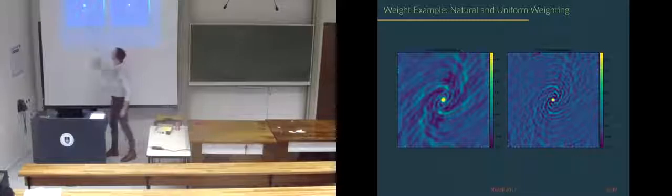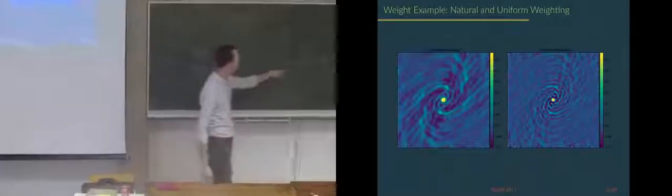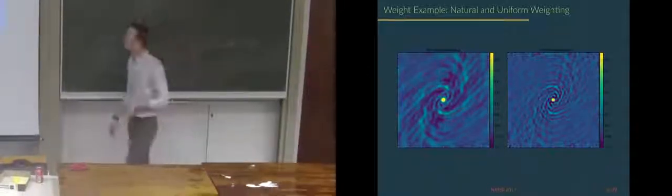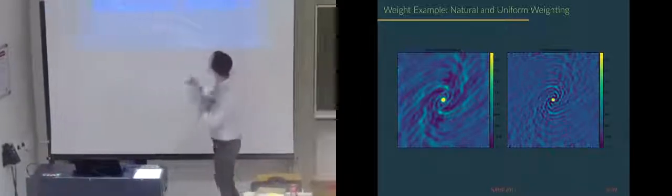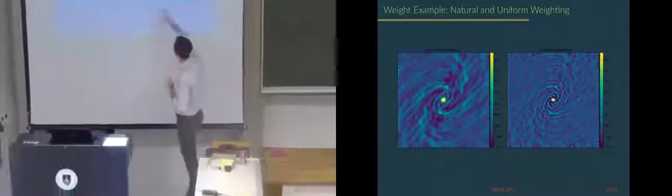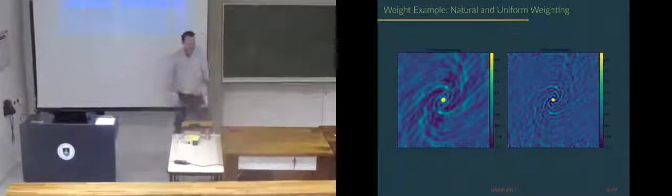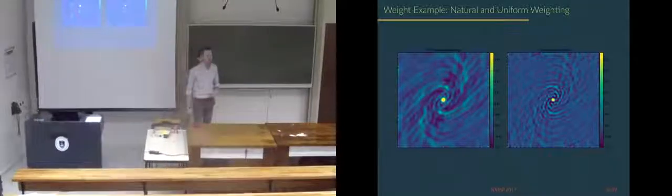You can see that my resolution is lower than the uniform, where I'm favoring the high resolution components just as much as the low resolution. And so with the uniform weighting, that central lobe is a little tighter. But what you can also see is there's a bit more structure here, and actually it's quite negative. These are what you call negative side lobes in the PSF.